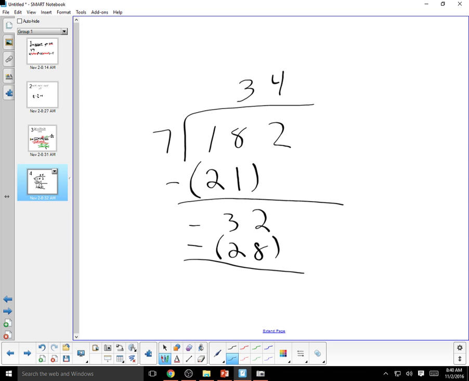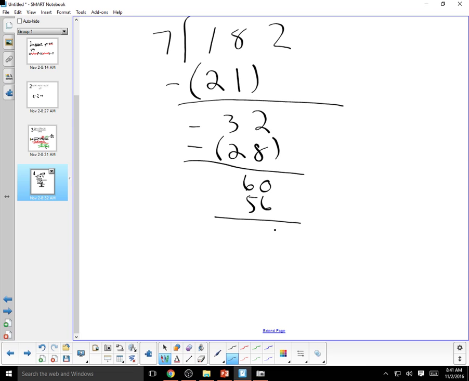What is that difference? They're both negative, so that's going to be what, 60? 7 goes into 60 how many times? 8. 8 times 7 is 56. That's what, 4?